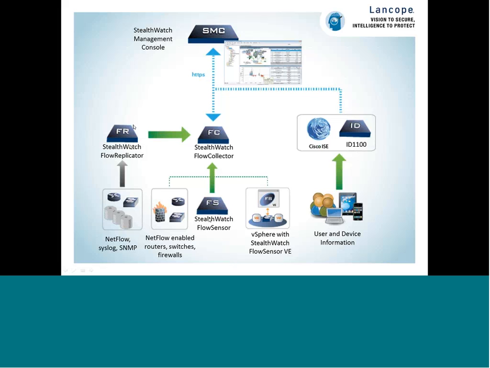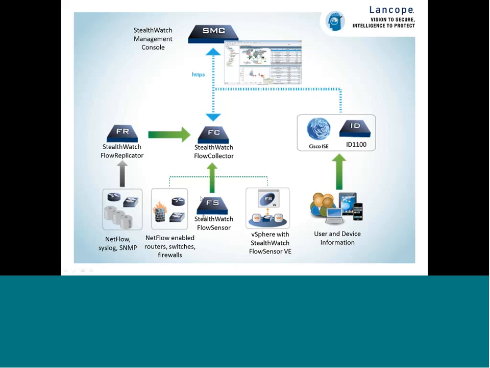There are other optional portions of this, like flow replication, where you can take care of problems like being able to get flow to a variety of devices, or syslog or traps to a variety of devices in your environment without encountering any limitations or change control issues on the individual devices sending that data. Again, the replicator then becomes the engine that sends the flow into your collection infrastructure.